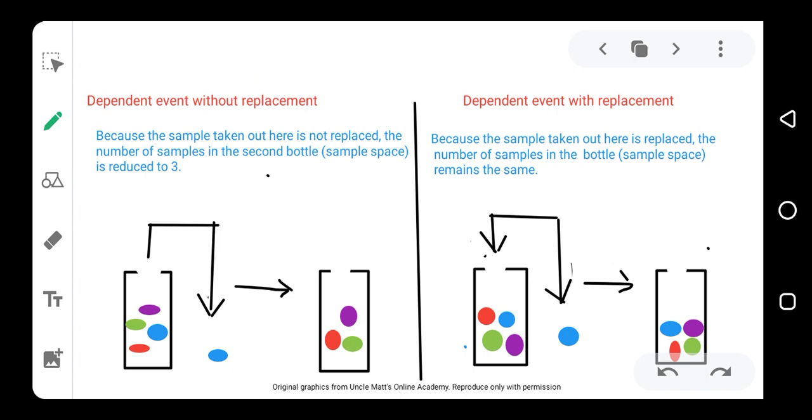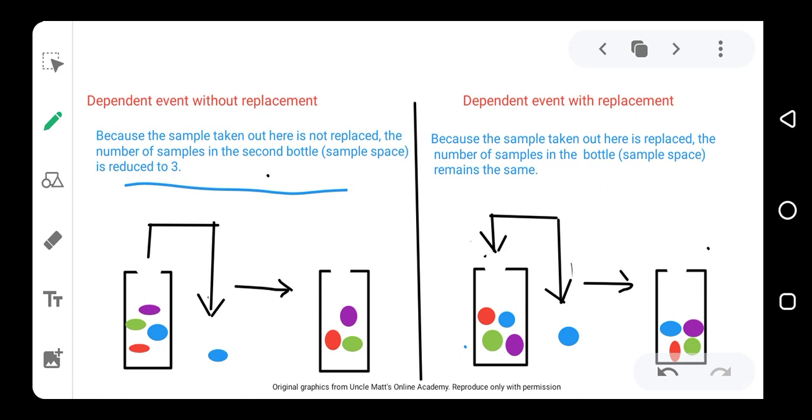Now you can see that on this side, we have the first bottle and the second bottle. In the first bottle, you pick the red sample and you pick a blue sample, and the blue sample is not replaced.